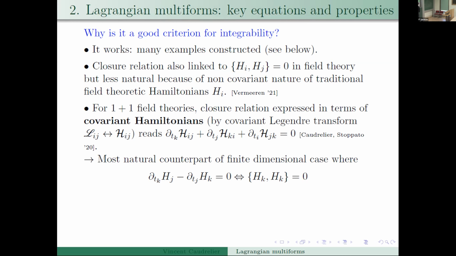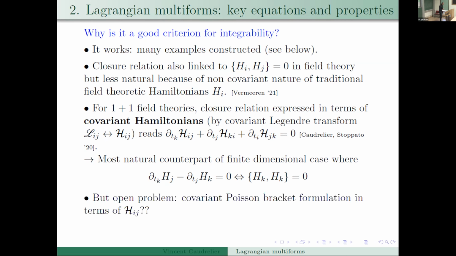The only issue is that we don't have a Poisson bracket analog of this characterization, whereas in classical mechanics we do. I've been thinking about that because there's also a notion of covariant Poisson brackets, but that's for another time. Anyway, that's kind of an aside.